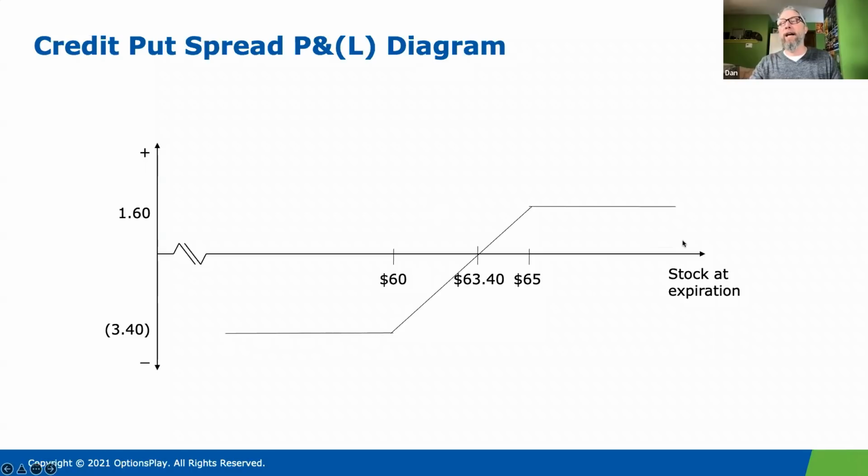When we think the stock's not going to go up too much and not going to go down too much. Basically, the stock is starting at 66. We want to stay above the break even, but if it goes up a lot, that doesn't really help us. We want it to be somewhere within this sweet spot right here. If we thought it was going to go up a lot, we'd buy a call, and that would be a whole different conversation.